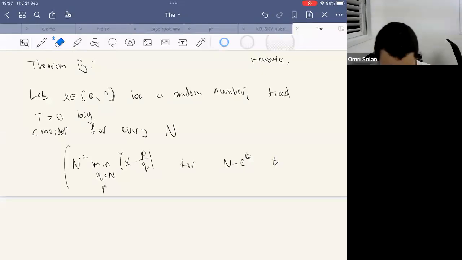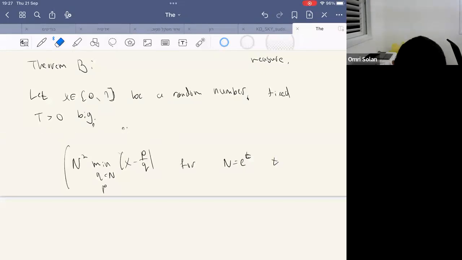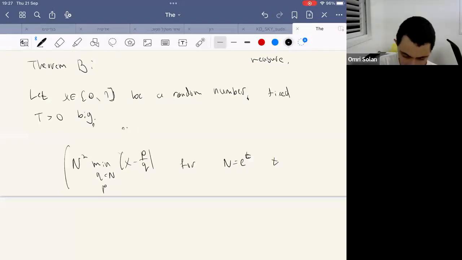We want to consider this quantity, n squared times this minimum we have. So we choose n equals e to the power of t, and t is uniform inside [0, T].